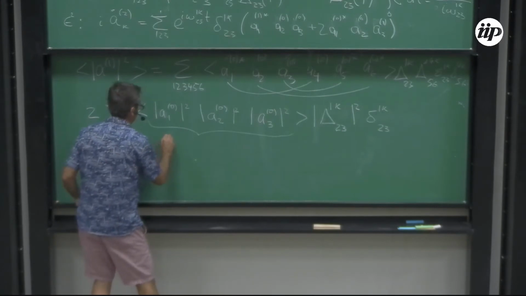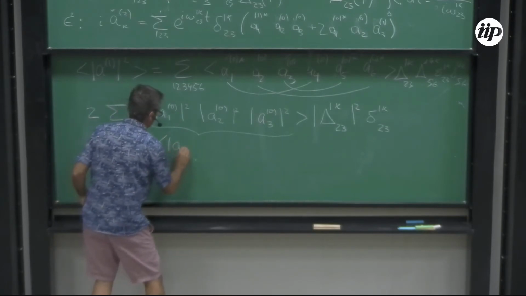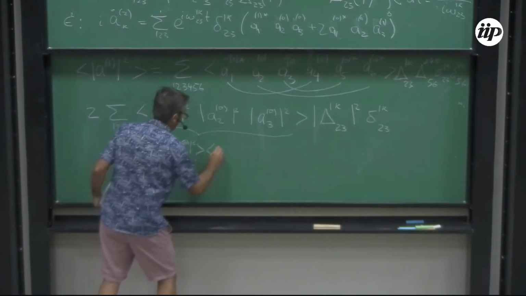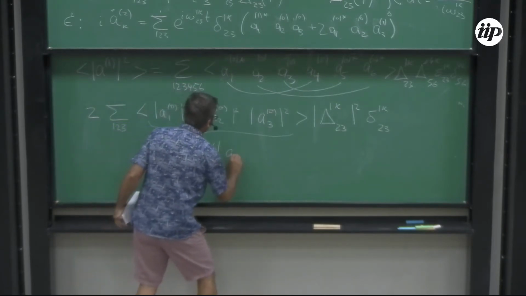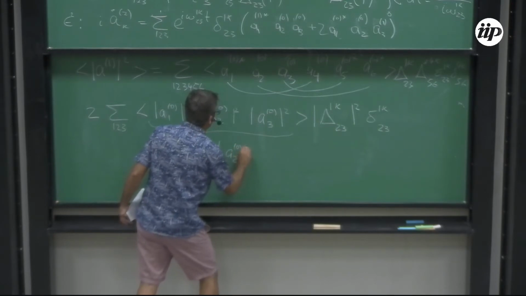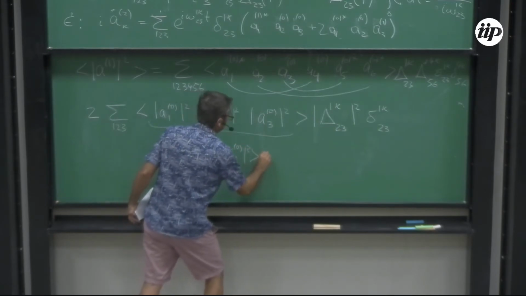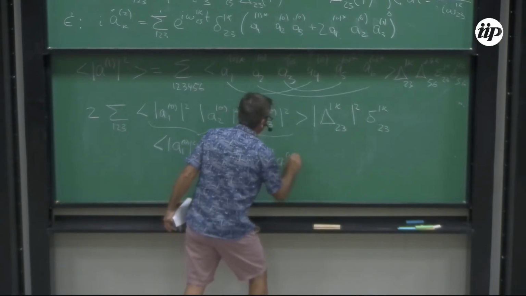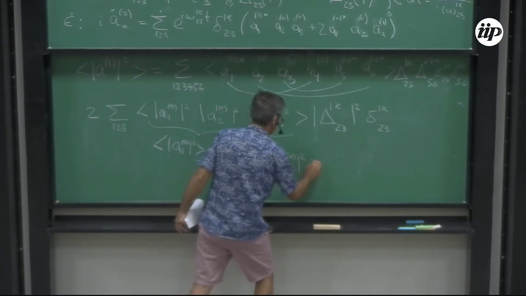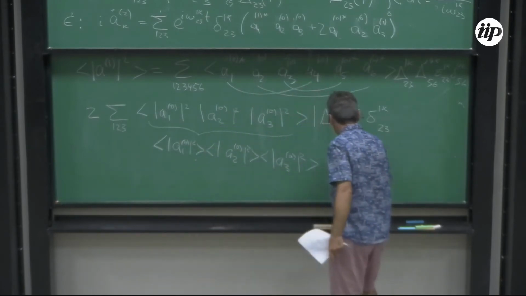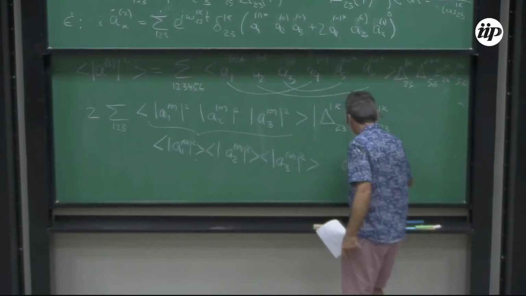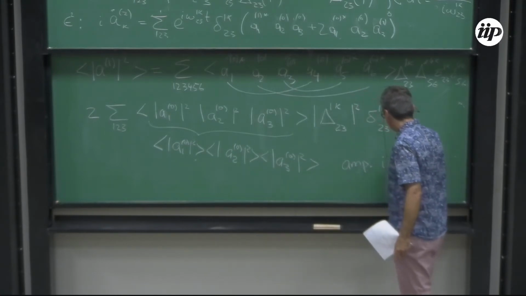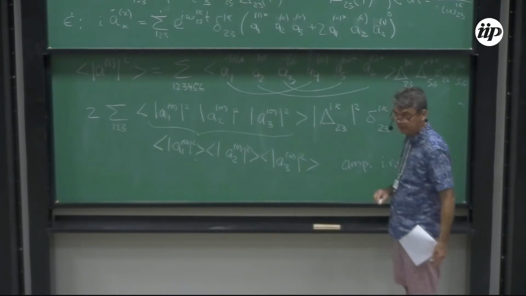So I can rewrite it in a product form, as independent averages, using the fact that the amplitudes are independent random variables, right?